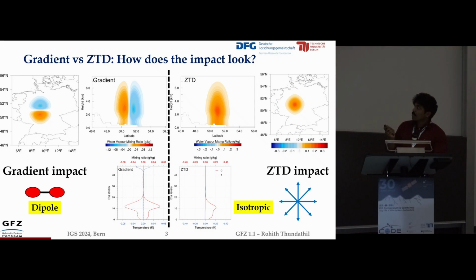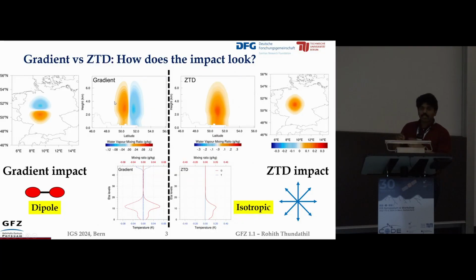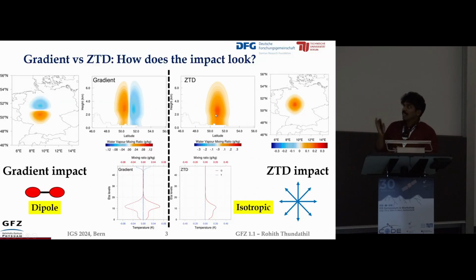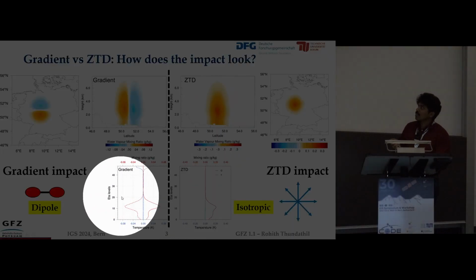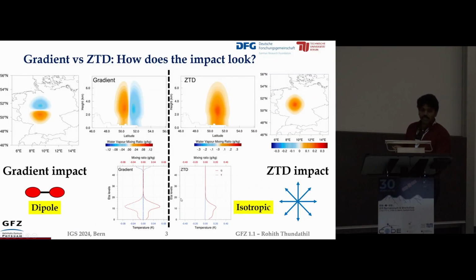When we compare the Zenith Total Delay observations and the gradient observations, the main difference is that the Zenith Total Delay observations give you the amount of water vapor from the surface level. And the gradient observations are a correcting quantity which redistributes the moisture information from the lower troposphere of the atmosphere. So you can see the impact is mainly on the lower troposphere side, and for the Zenith Total Delay, the impact is on the surface level.